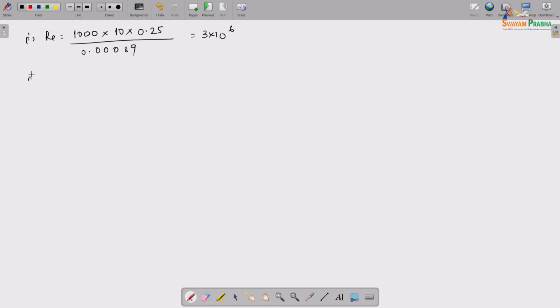Then for the second case, rho is 1.32, V is 100, D by 1.205. I think you should be doing this along with me, or stop the video, do this yourself and come back and cross check.